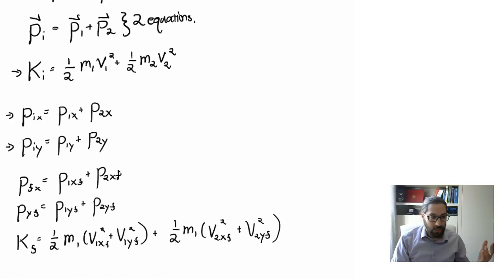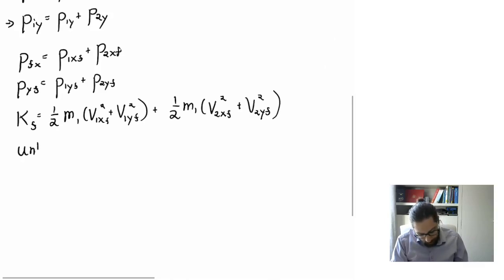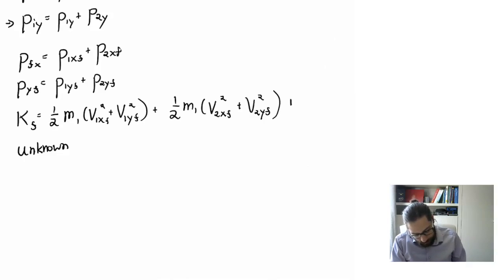So I have in here three equations, and what I have unknown, plus the unknown delta E, the change in energy, V1x final, V1y final, V2x final, V2y final.